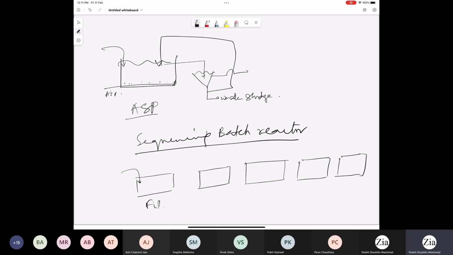So you try to fill the reactor, essentially doing this operation in a batch mode. Fill the reactor with raw material, your wastewater or reactant. Then you have the reaction stage, that's called reaction.